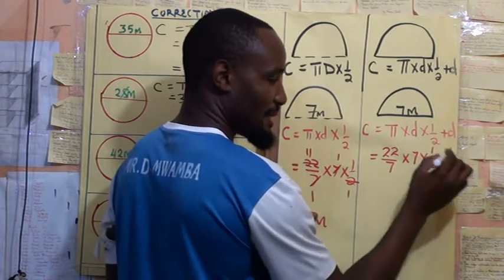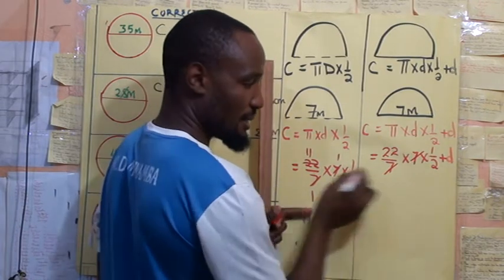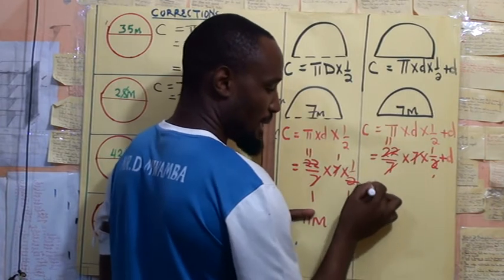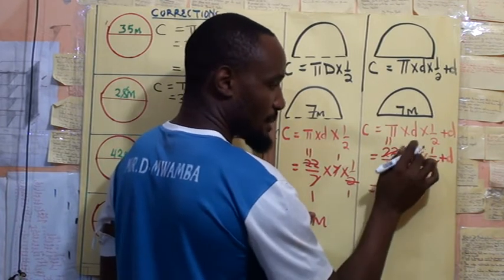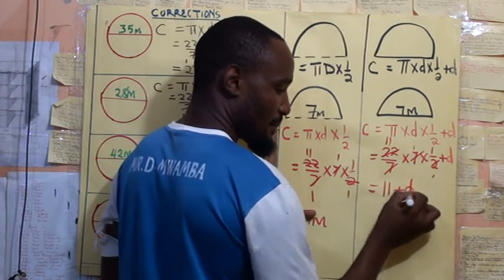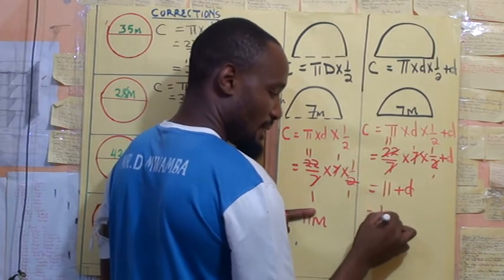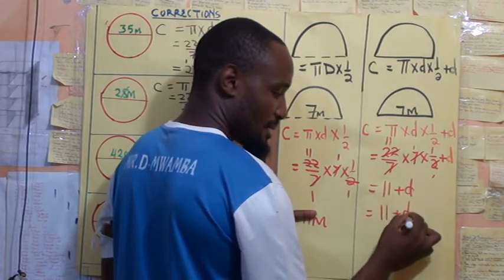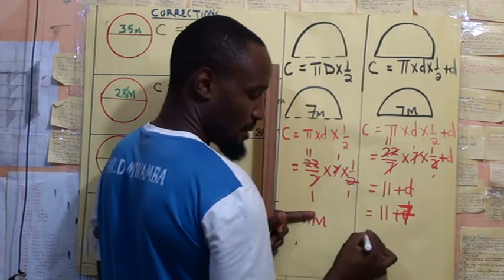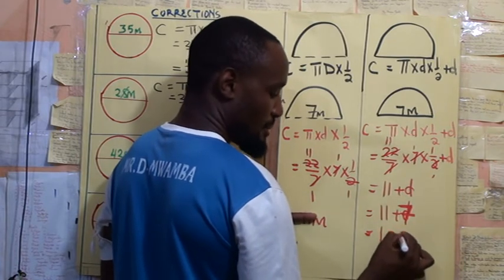What is diameter? 7. So 7 and 7 is simplified. 2, 1, 2 goes into 22, 11. So you have 11 times 1 times 1, which is 11. Then plus d. What is d? The diameter is 7. So it is 11 plus 7. What will we get? 18 meters.